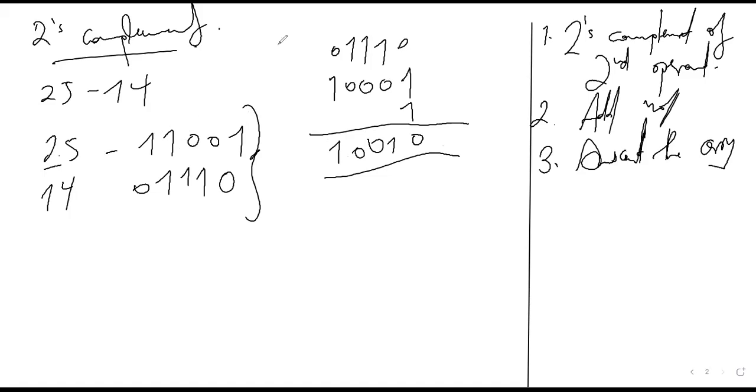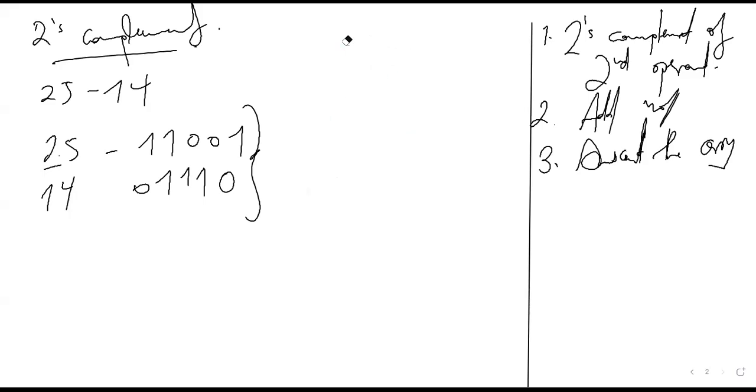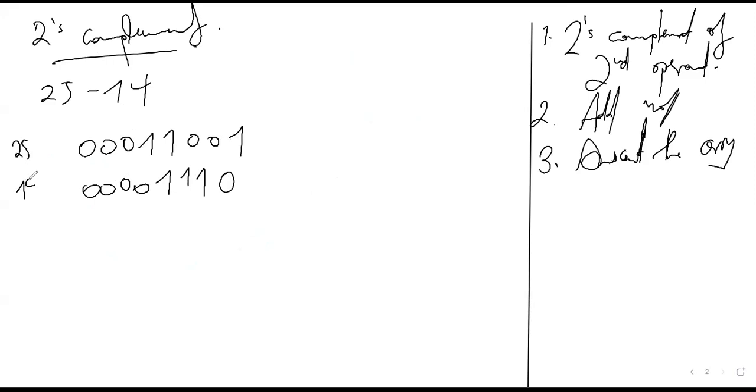But let me represent these two numbers using BCD representation. It means we have 1, 2, 3, 4, 5, 6, 7, 8. This is our 25. This is our 14.